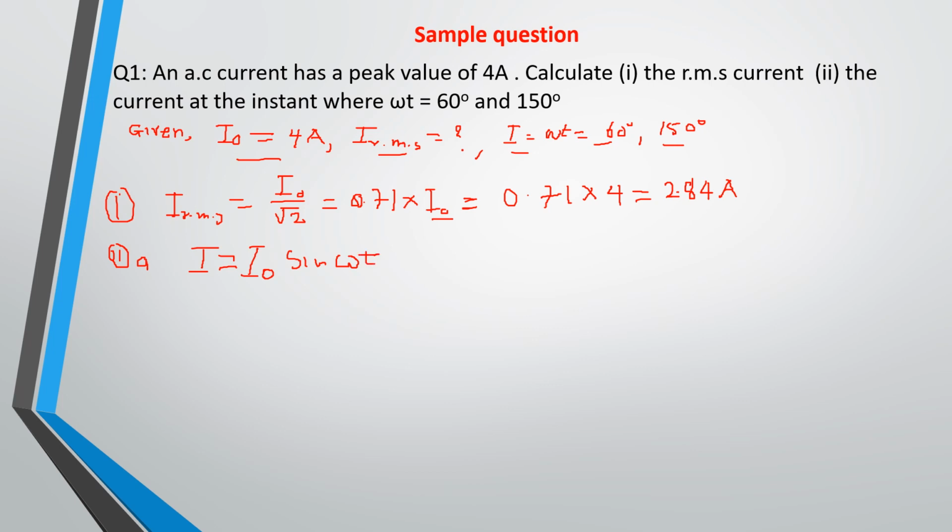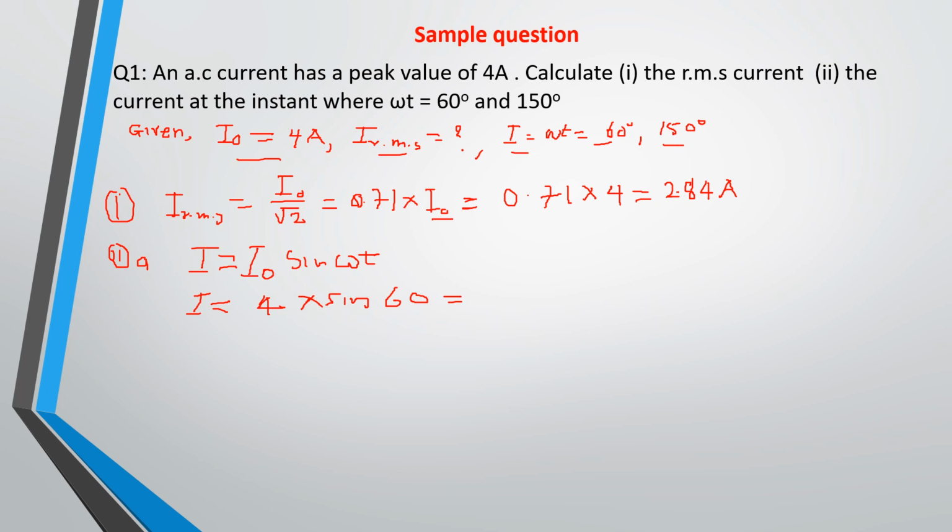Now you look at this equation and know what value to substitute. So the instantaneous current when the phase angle is equal to 60 degrees is equal to the peak value of current, which is 4, multiplied by sine 60 degrees.